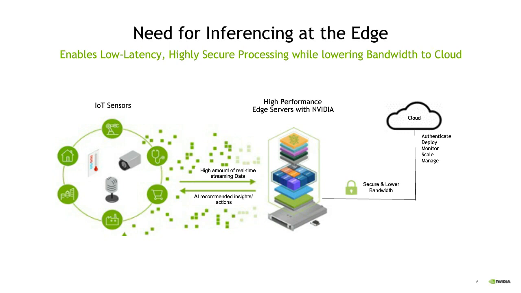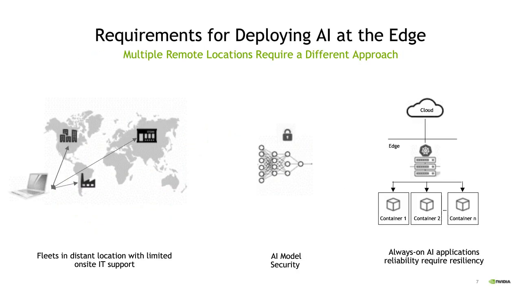Due to this, we can scale the network easily. So the benefits of edge computing are quite significant compared to cloud computing for a lot of different use cases as they relate to artificial intelligence. But of course, there are some unique challenges with edge computing as well.